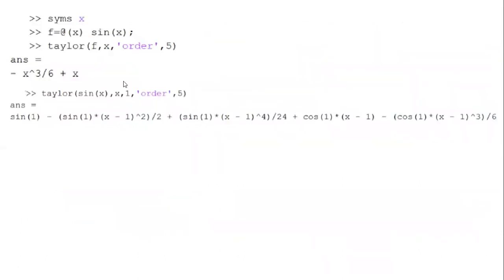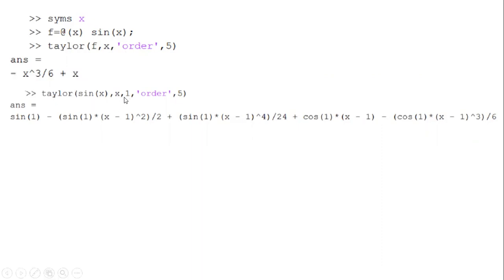So another example. So we define the x as symbolic. We define our function as sine x. So using the command Taylor, so the function f, then we define the independent variable x, then state the order. This will give us this term, no? Then another example for this case, we have the value of t.